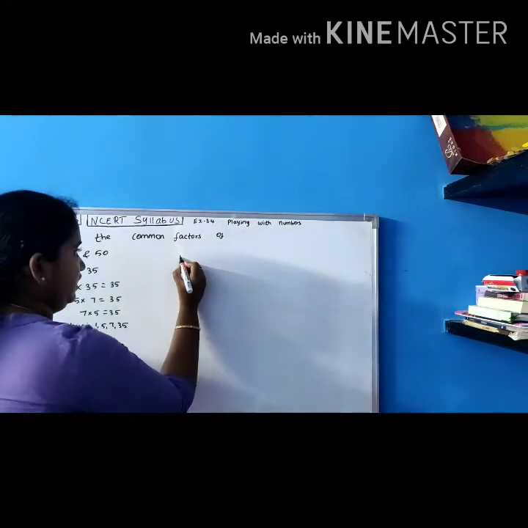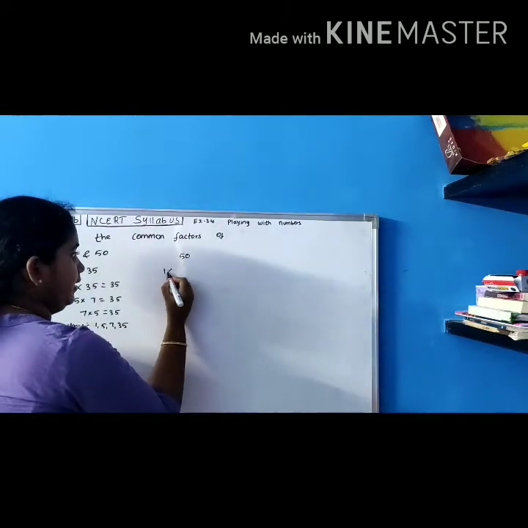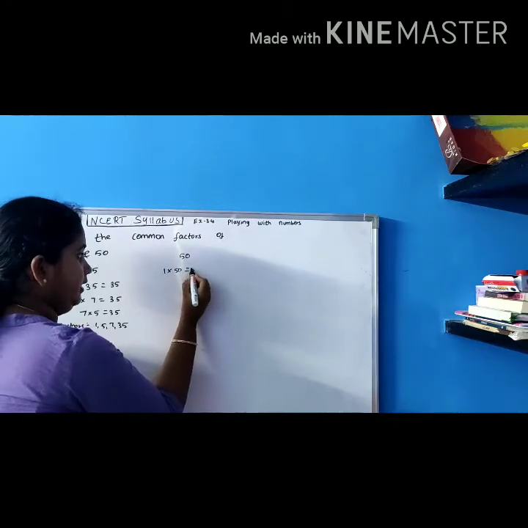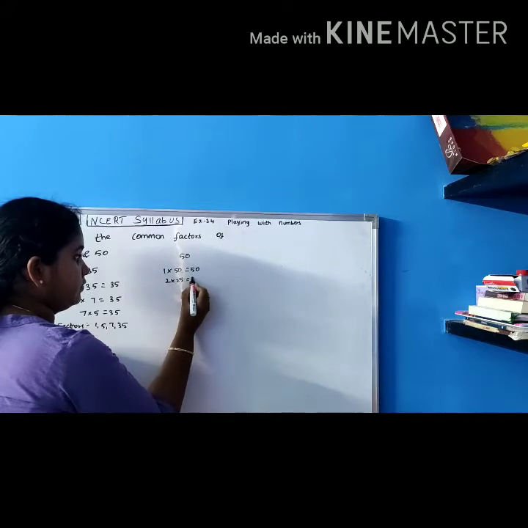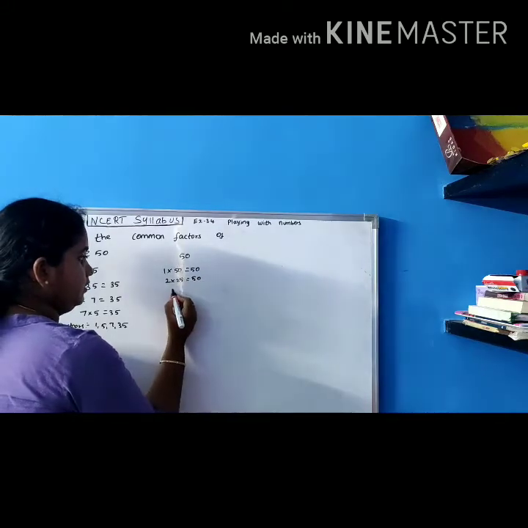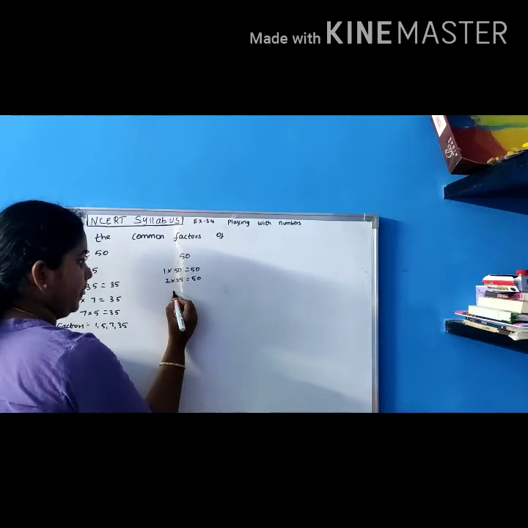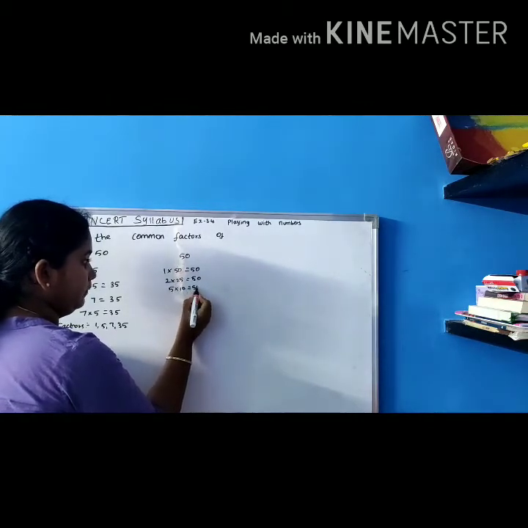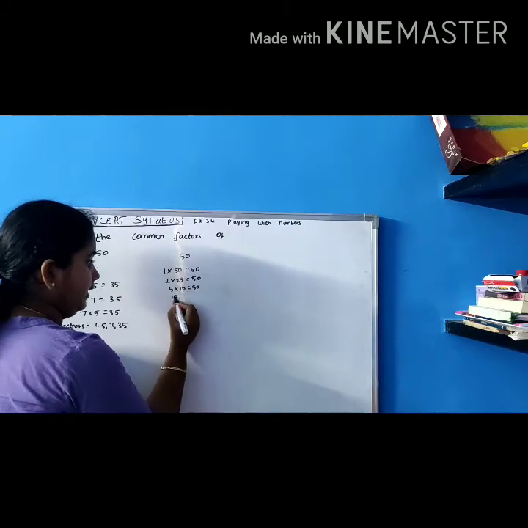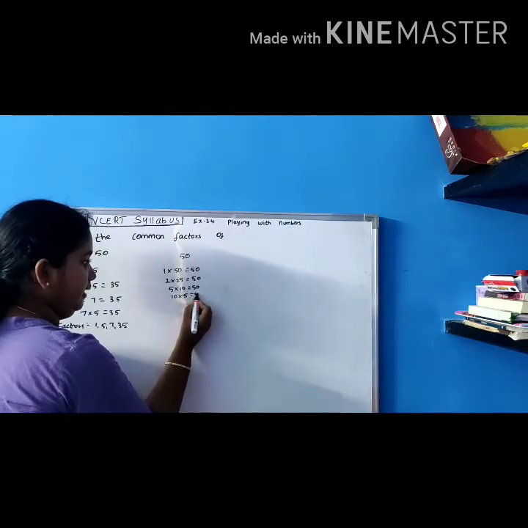Now we will go for 50. 1 into 50 is 50. 2 into 25 is 50. 3 will not come. 4 will not come. 5 into 10 is 50. 6, 7, 8, 9 will not come. 10 into 5 is 50.